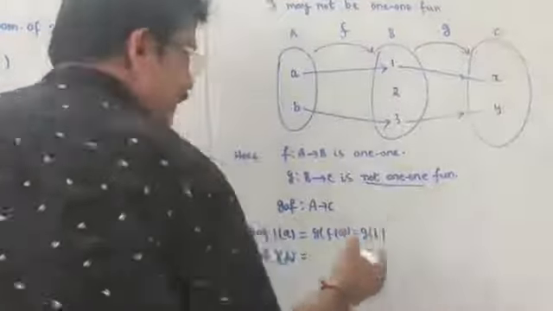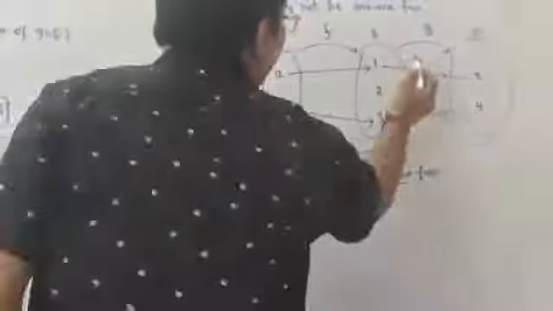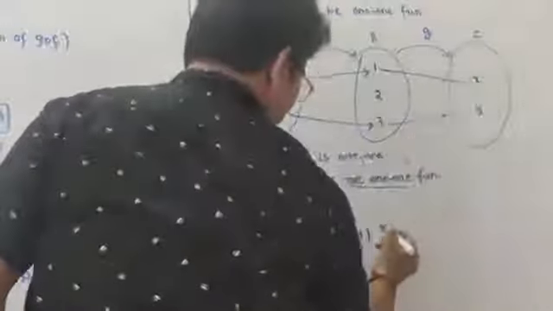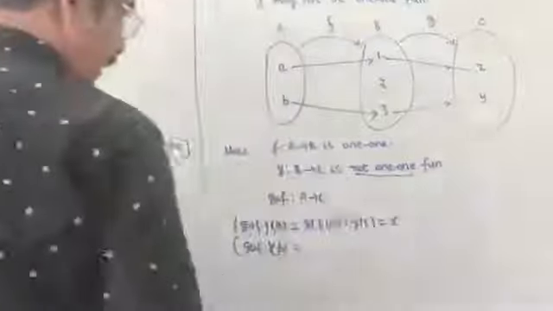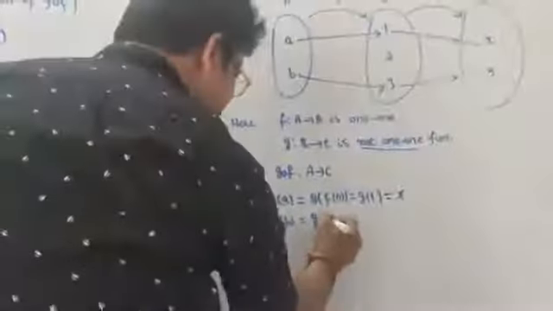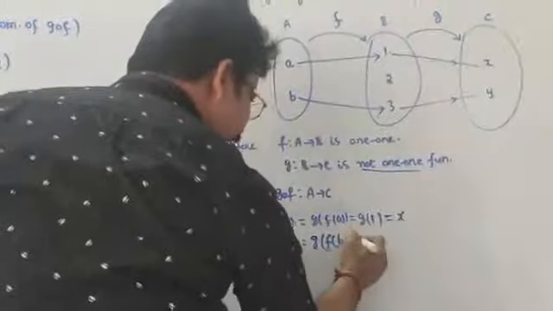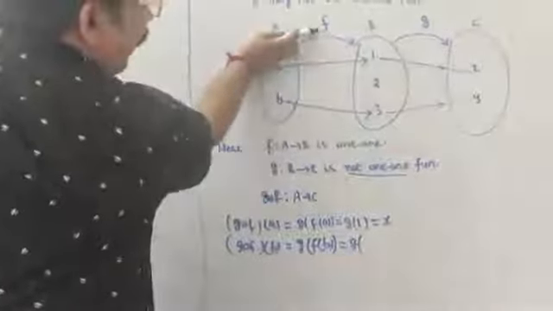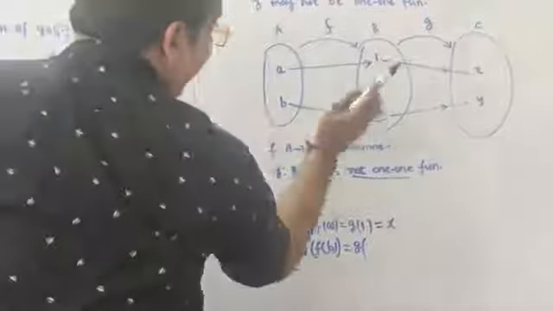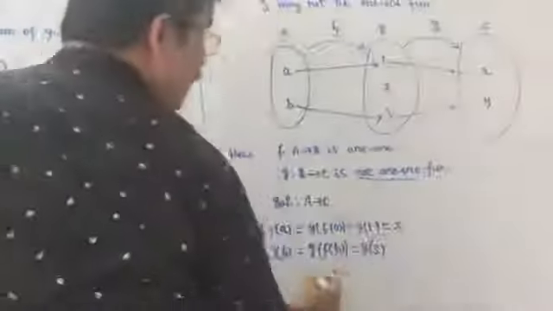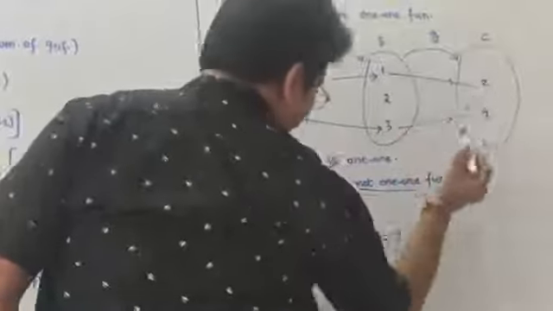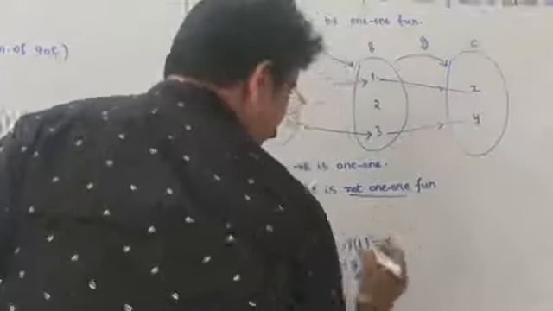Already I said the meaning. Next, what is G of 1? G of 1 is X. Next, G circle F of B is G of F of B. F of B is 3. Next, what is G of 3? G of 3 is Y.